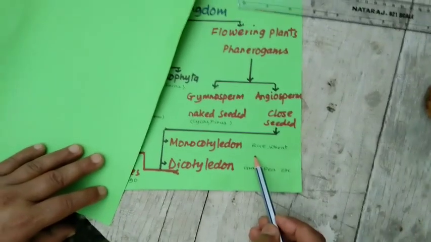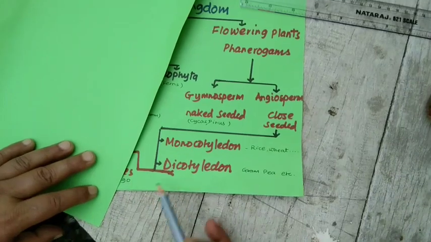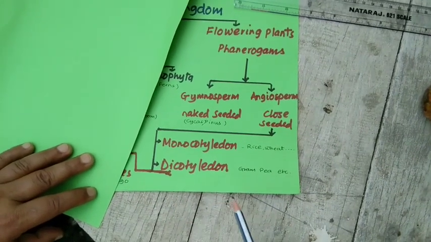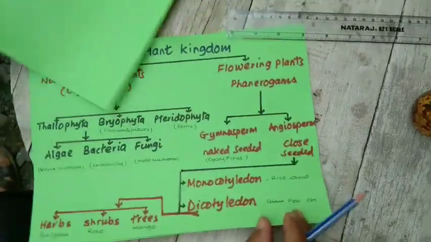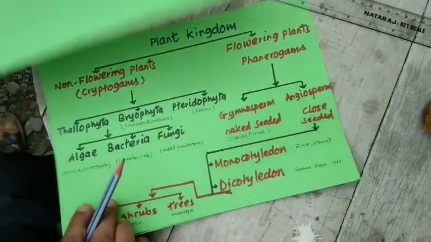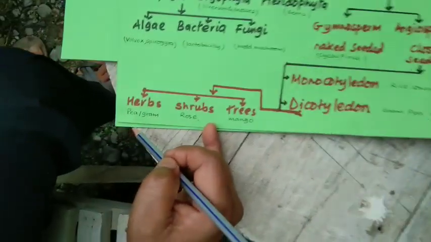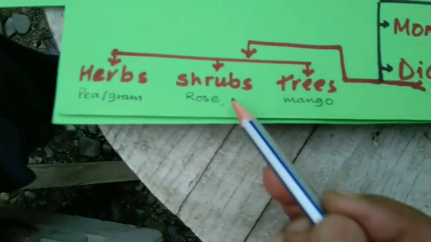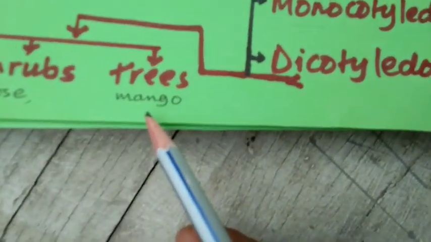Monocotyledons are like rice, wheat, maize, etc. Dicotyledons, for example, gram, pea, etc. Dicotyledons are also further subdivided into herbs like pea and gram, shrubs like rose, and trees like mango.